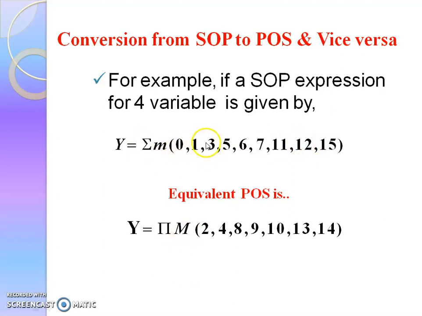Here 2 is missing, that's why we write 2. Now 4 is missing, write 4. After 5 6 7, 8 9 10 are missing, so we write 8 9 10 in the POS form. Now 13 and 14 are also missing in the min terms, so we write them in the max term. Means you have to write down the missing terms from the min terms and you will get the POS equation for that equation.